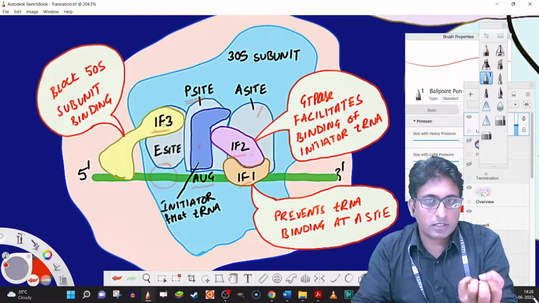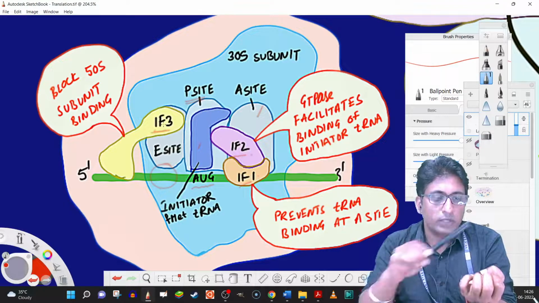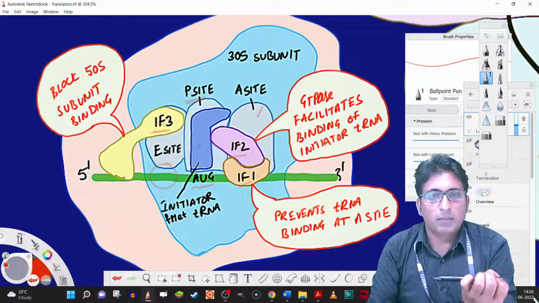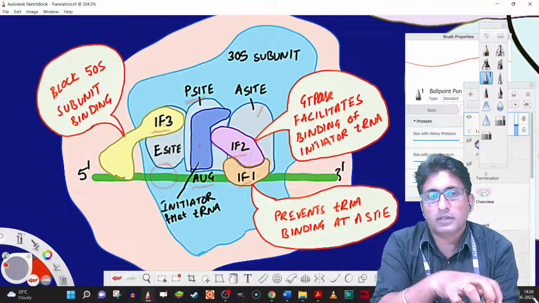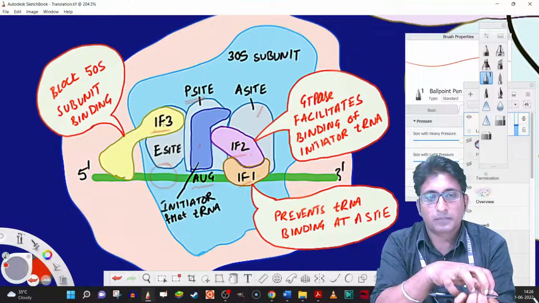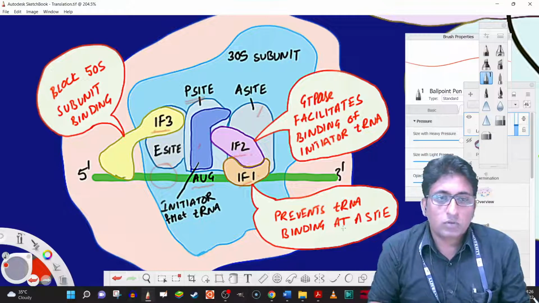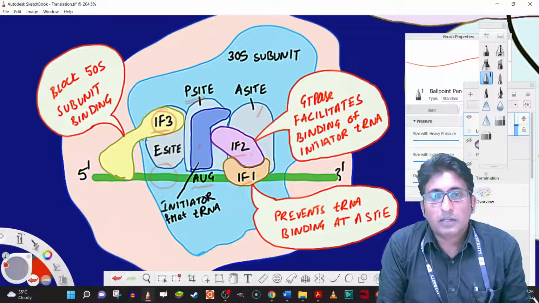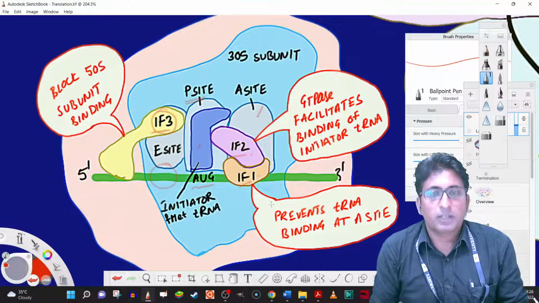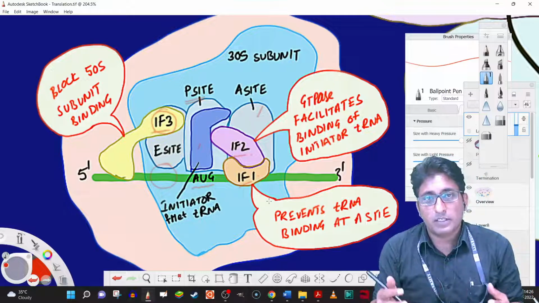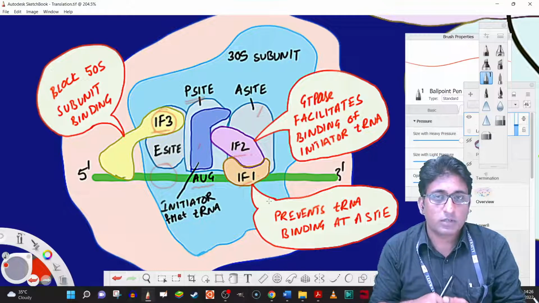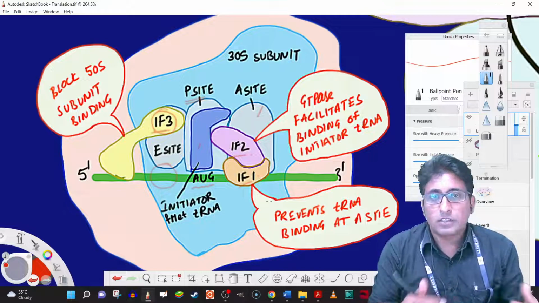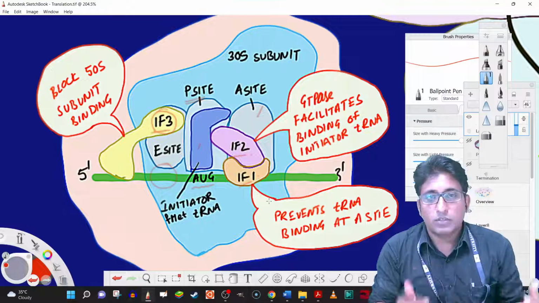At least the 30S subunit should be free, so that it can bind to the mRNA, and on top of it, the large subunit can bind. To keep these two apart, the job is performed by initiation factor 3. It blocks the binding of the 50S subunit onto the small subunit until the pre-initiation complex is formed.